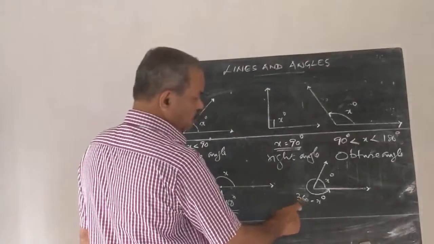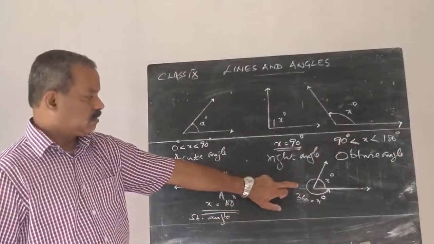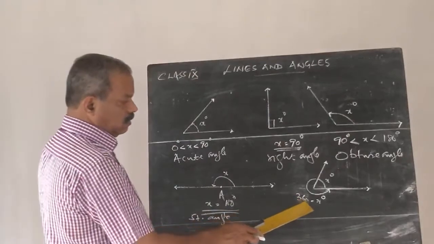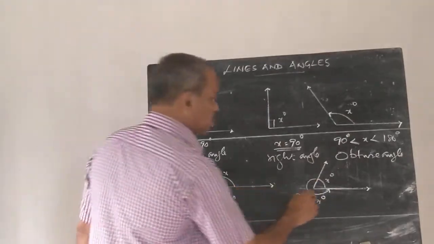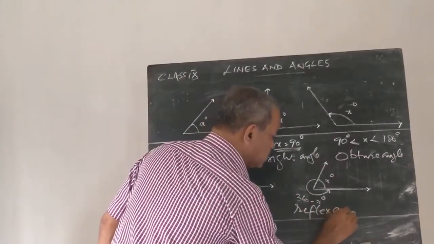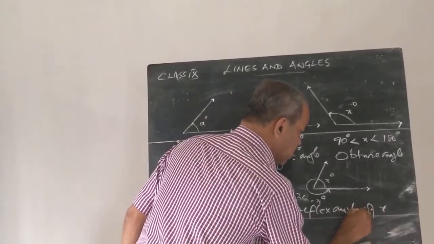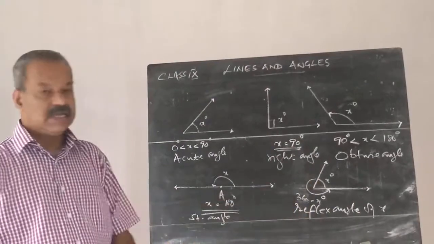So here, the 360 minus x degrees angle is called the reflex angle of x. Reflex angle of x, 360 minus x degrees.